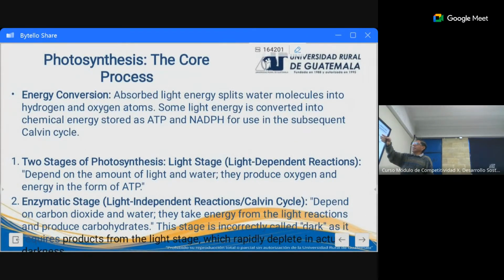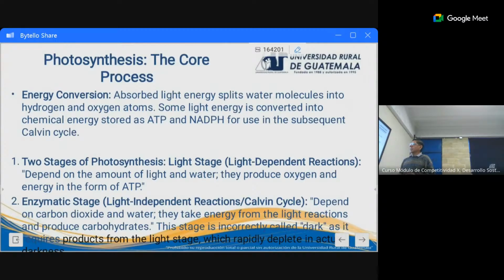We also have the energy conversion. In this case, it says that absorbed light energy splits water molecules into hydrogen and oxygen atoms. Some light energy is converted into chemical energy stored as ATP and NADPH for use in the subsequent Calvin cycle.